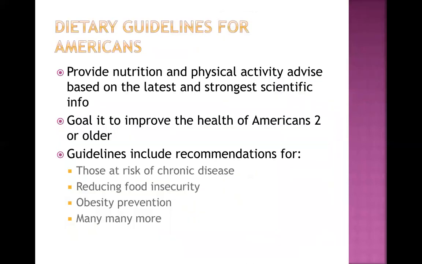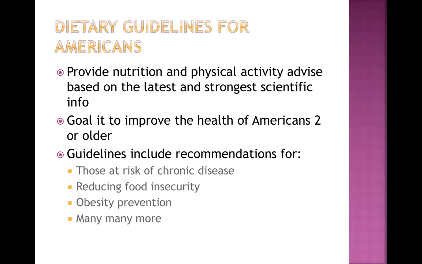Dietary guidelines for Americans. So the dietary guidelines for Americans are a set of guidelines provided by the USDA and the Department of Health and Human Services, and they are made to aid in diet planning and extending healthy, disease-free lifespan.